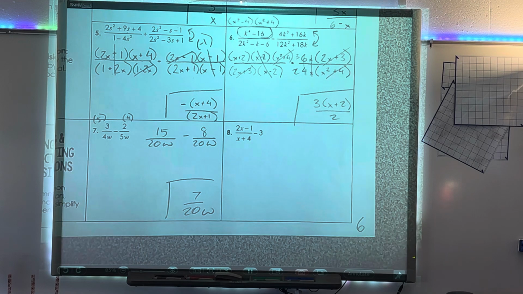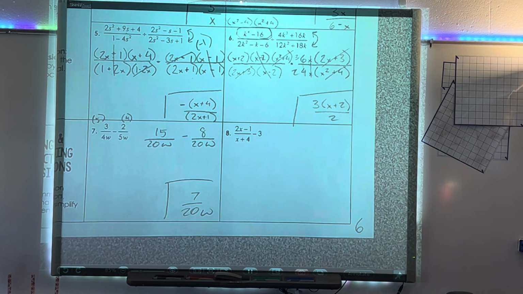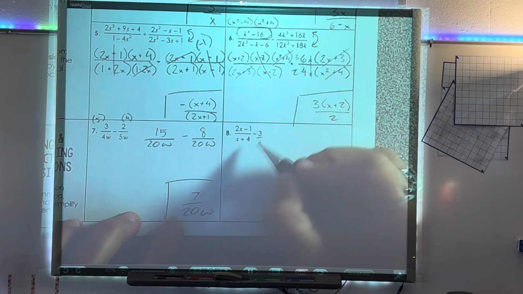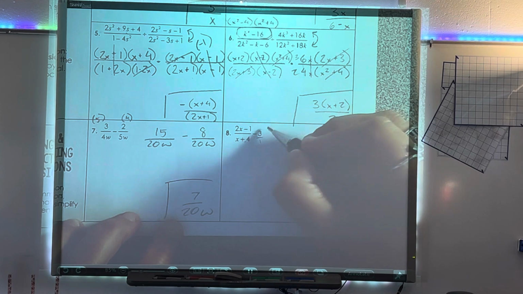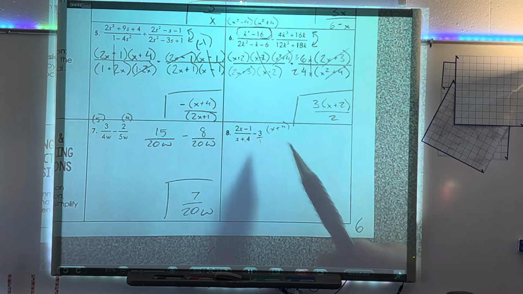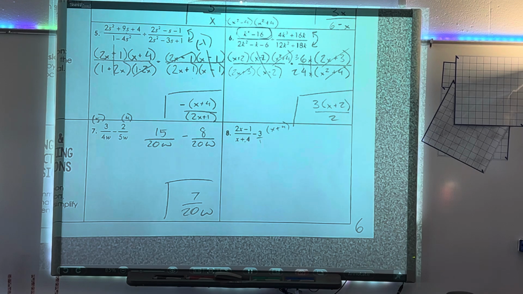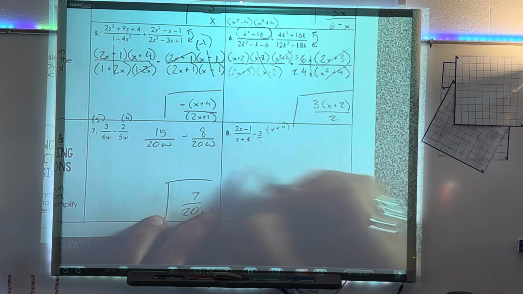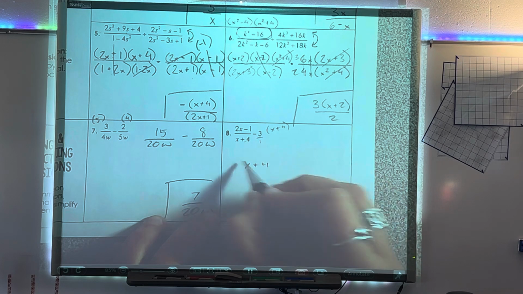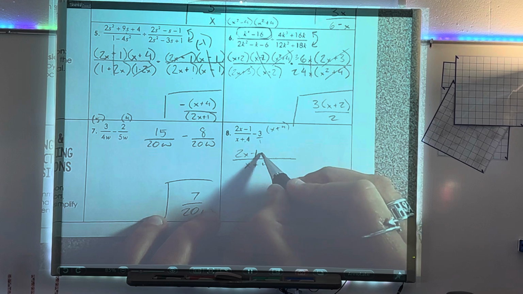Okay, this one here essentially has a denominator of 1, so we need this right here. So I'm going to have to multiply that times x plus 4. And since this is a 1, I'm not going to have to do anything with this numerator over here. Hold it there. Yes, ma'am. Okay, so I've got x plus 4 as my denominator, and 2x minus 1 stays.